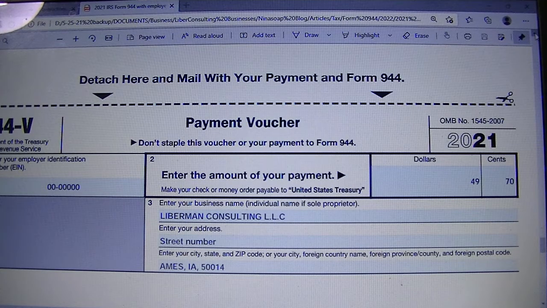So I like to put them in a smaller envelope, and then I'll put that inside the bigger envelope. Remember, I'm not mailing two different envelopes. I'm just mailing one. But I have the voucher and the check in a smaller envelope, and then I'll put it in the bigger envelope where Form 944 is.